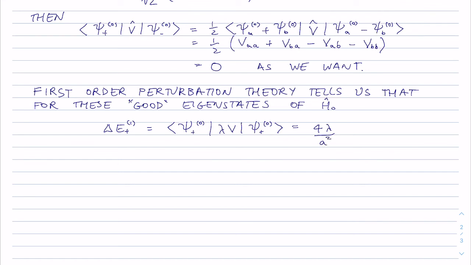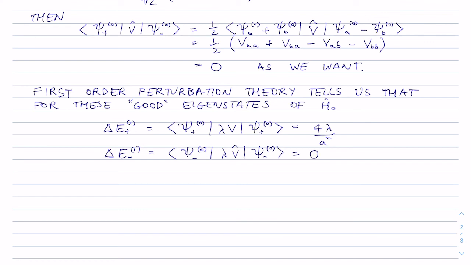Check it yourself at home. And if we look at the minus, oops, that should be first order correction to the minus state, then we'll have psi minus naught lambda V psi minus naught equals 0.